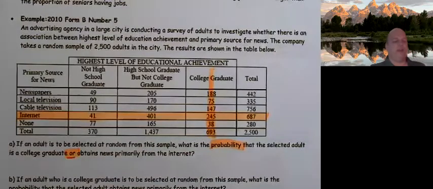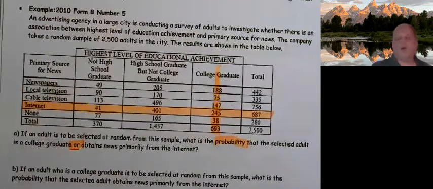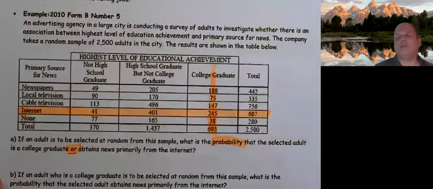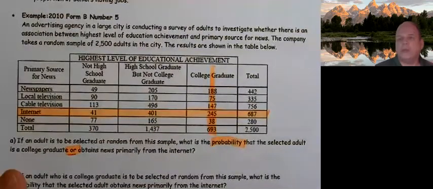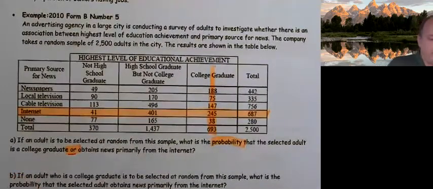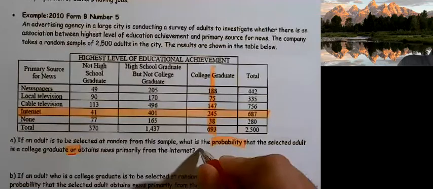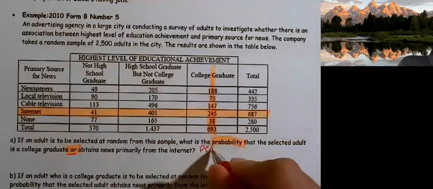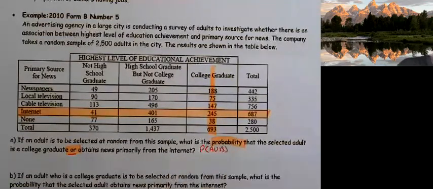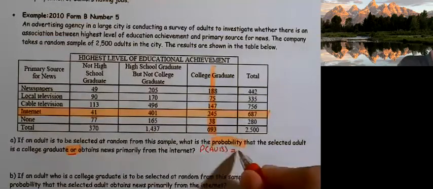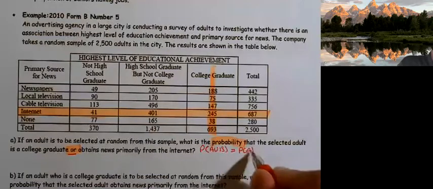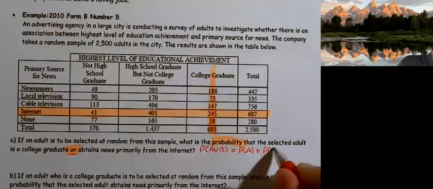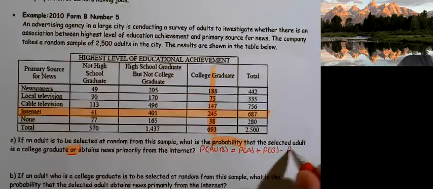Well, there's a tricky thing about this problem. Or in probability means add. The formula for addition in probability is the probability of A union B, union just means or, equals the probability of A plus the probability of B minus the probability of A and B.